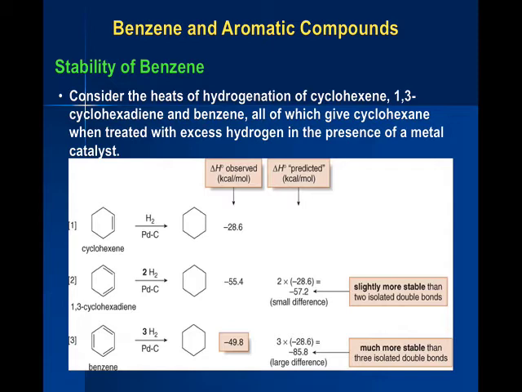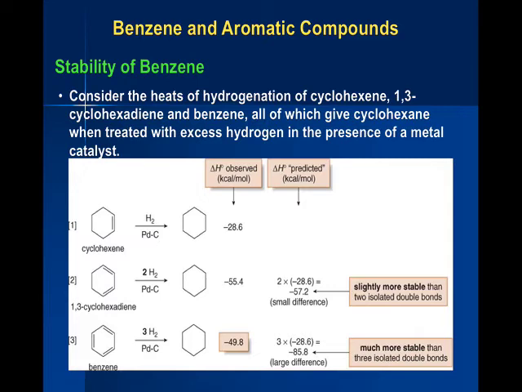What am I gaining? I am gaining hydrogen. That's true, but what am I gaining overall? I'm gaining stability, right? And why am I gaining stability? More resonance structures, right? So the fact that I can draw resonance structures for this 1,3-cyclohexadiene means that I don't get the full amount of heat out. I'm only going to get 55, not 57.